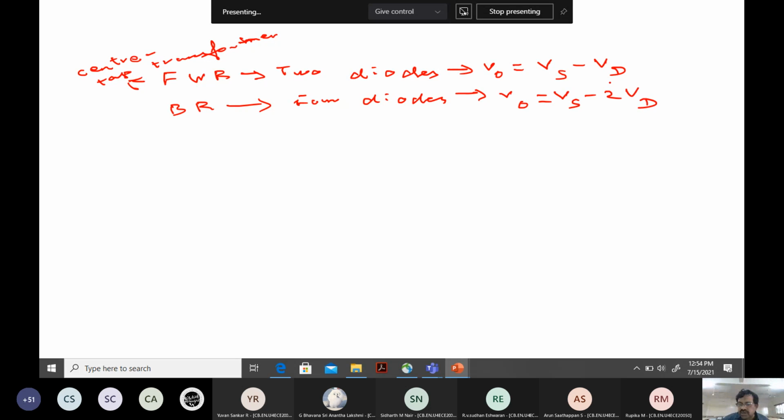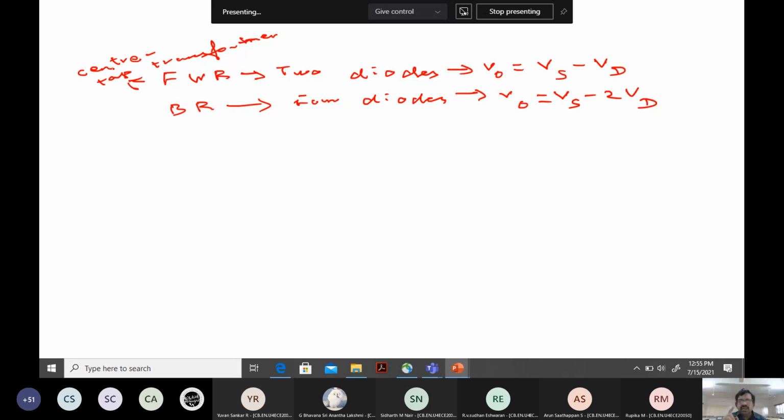So slightly lowered, but this Vd is extremely small that we are able to accomplish what we need with the bridge rectifier, with the biggest advantage that we don't have to use a center tap transformer. With the same number of turns, we need double the winding in a center tap transformer, since only one secondary half is used at any part of the cycle.